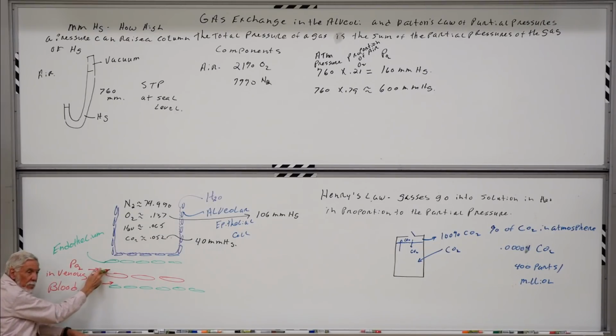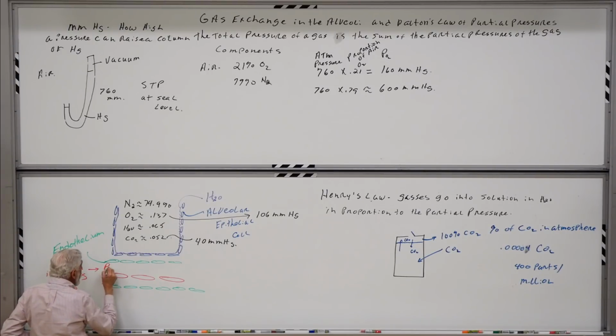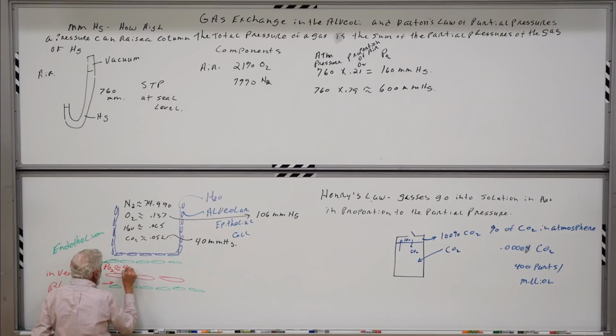Remember where this blood's been. It's been in the right ventricle, it's been in the right atrium, it's been in the vena cava. This is deoxygenated blood. If we measure the concentration of oxygen in the blood returning from the systemic vasculature and we express it as a partial pressure of oxygen, we get a number, the PO2, in the neighborhood of around 40 millimeters of mercury.